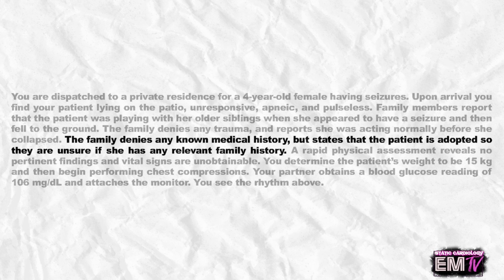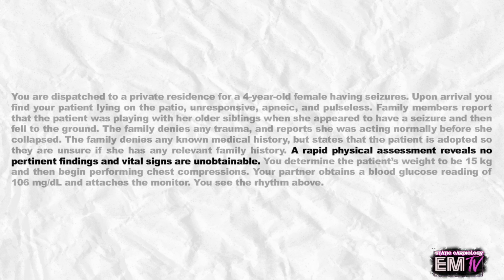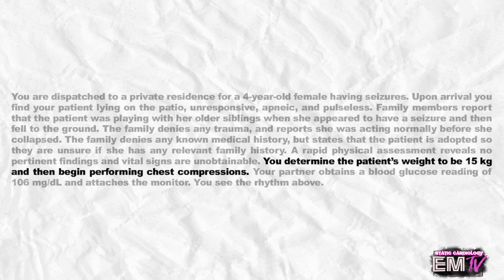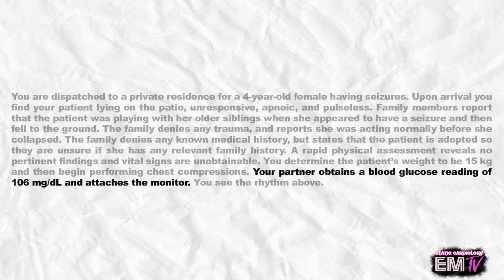The family denies any known medical history, but states that the patient is adopted, so they are unsure if she has any relevant family history. A rapid physical assessment reveals no pertinent findings, and vital signs are unobtainable. You determine the patient's weight to be 15 kilos and then begin performing chest compressions. Your partner obtains a blood glucose reading of 106 and attaches the monitor. You see the rhythm above.